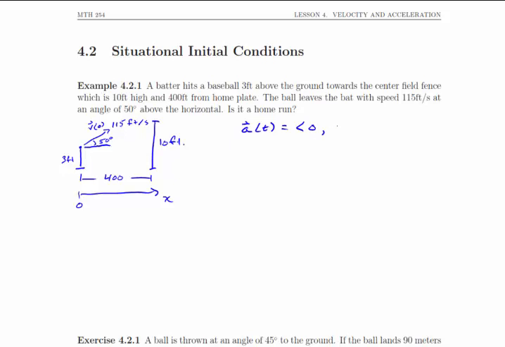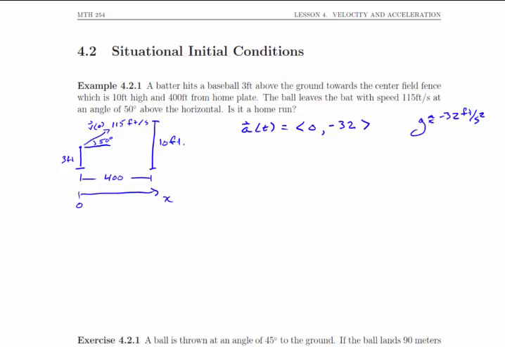So we'll then look at the y component for the acceleration and note that that should be negative 32, because gravity in feet per second squared is negative 32 feet per second squared, and that is an approximation.